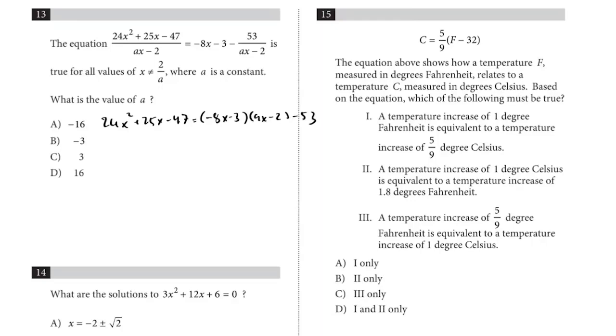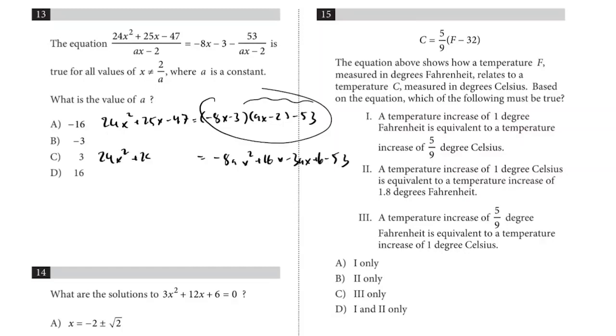Right, and if we were to expand this part right here, we will get negative 8ax squared plus 16x minus 3ax plus 6 minus 53. And again, that equals 24x squared plus 25x minus 47.